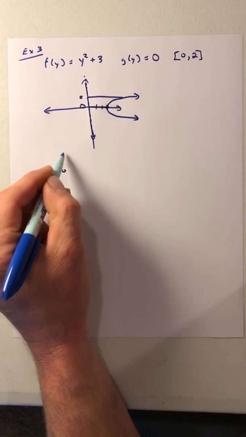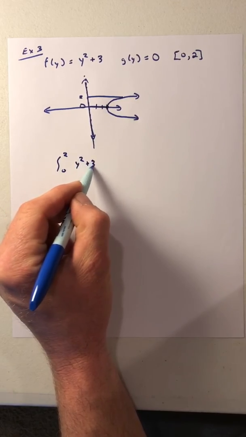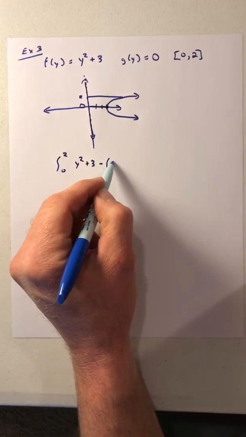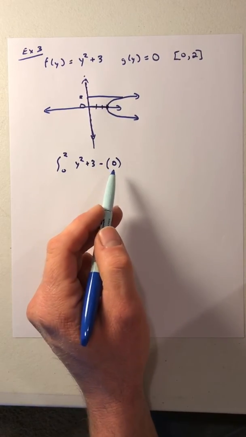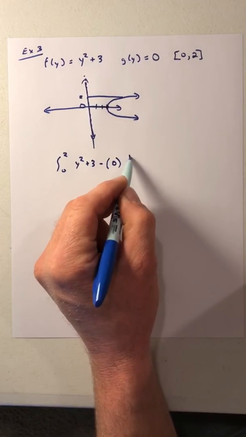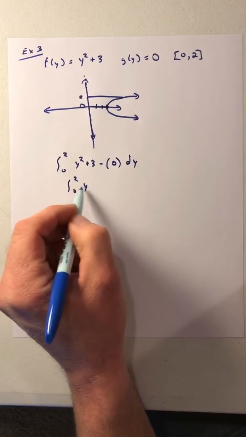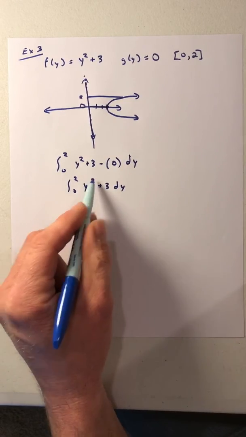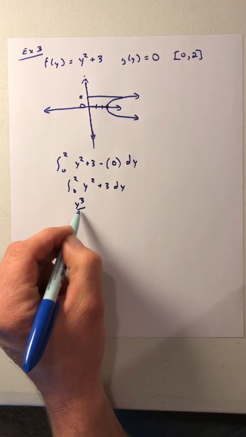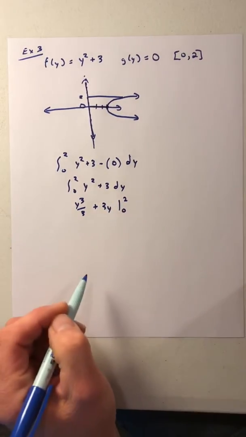So to integrate, I'm going from 0 to 2. My top curve is y squared plus 3. My bottom curve, in this case, is 0. In this case, we don't have to put the 0, but I'm going to just have it as a placeholder, dy. Clean that up. I have the integration from 0 to 2 of y squared plus 3 dy. Now I can go ahead and integrate. We get y to the third over 3 plus 3y from 0 to 2.